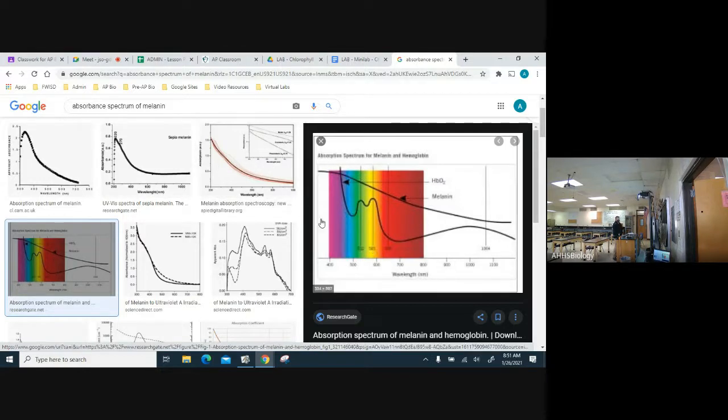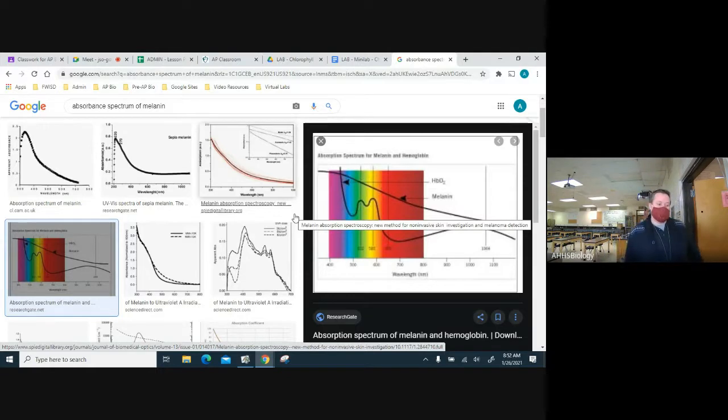And so we make our pigments too, right? Our pigment happens to be kind of tan to brown in color. Different skin colors occur not because of different pigments, but because of different amounts of melanin. That would be the absorbance spectrum of melanin on that sloping line.